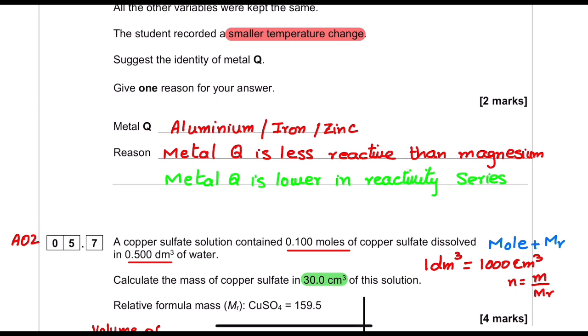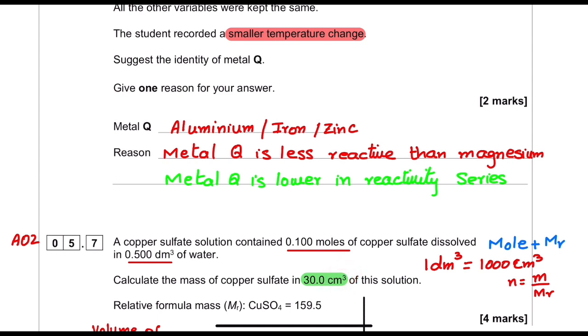Calculate the mass of copper sulfate in 30 cm cubed of this solution. The relative formula mass of copper sulfate is given, 159.5. If you look here, the volume is given in dm cubed, and we need to find the mass of copper sulfate in 30 cm cubed.